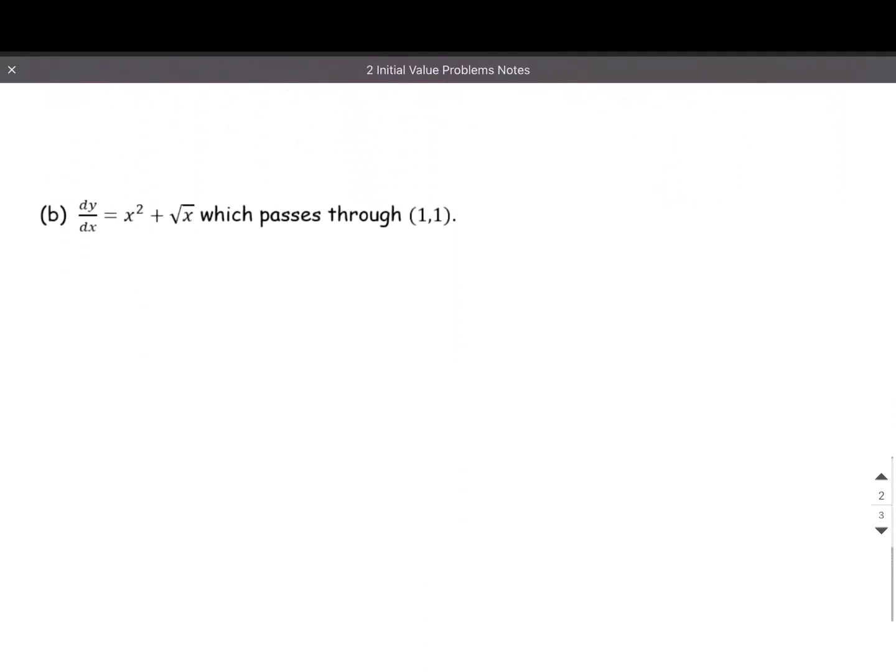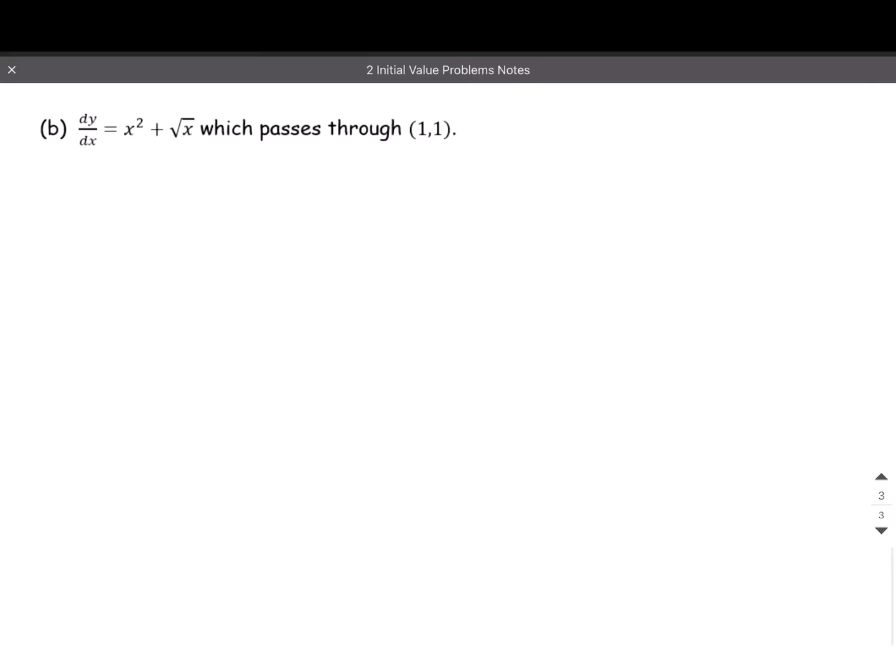One more. See, we're getting off easy today, only 3 problems. Now this one, our differential equation dy dx is x squared plus the square root of x. Before you try to take the antiderivative, you're going to rewrite this as x squared plus x to what exponent? What tells you to take the square root? An exponent of 1/2. Now we're ready for the antiderivative. What has a derivative of dy dx?